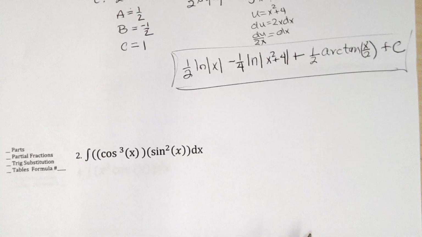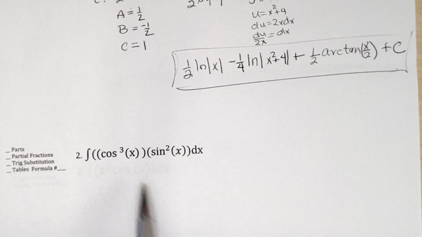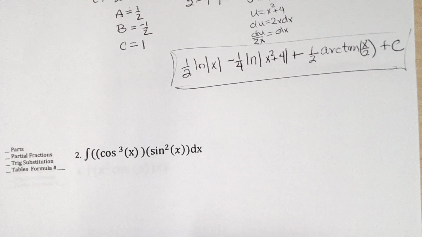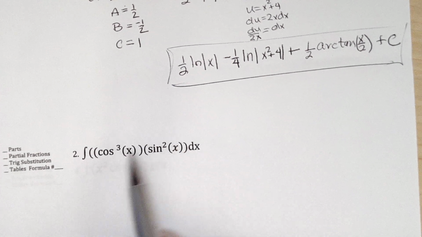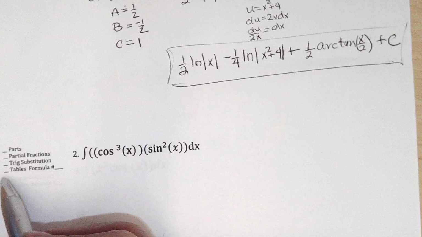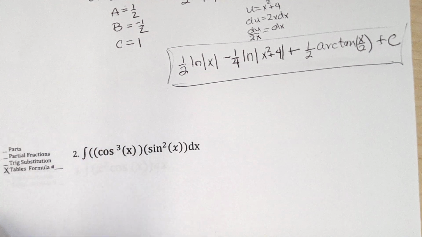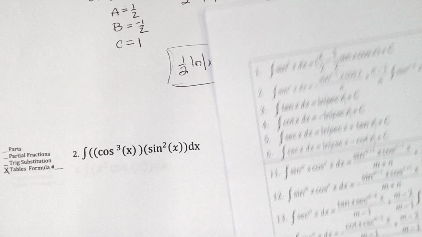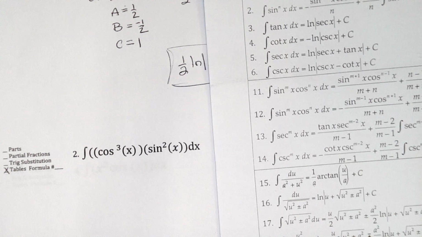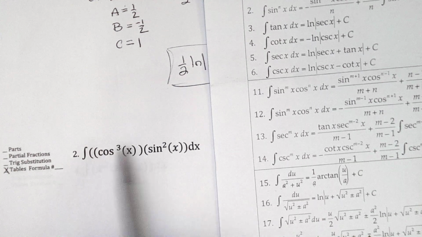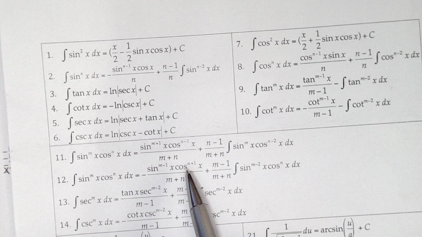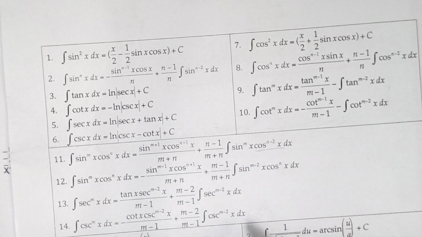Now I'm going to do this one. Now this might be able to be done by parts, but I think it's going to be pretty messy. I think I want to use tables on this. And I think I'm going to use the one that reduces the cosine. This one reduces the cosine.